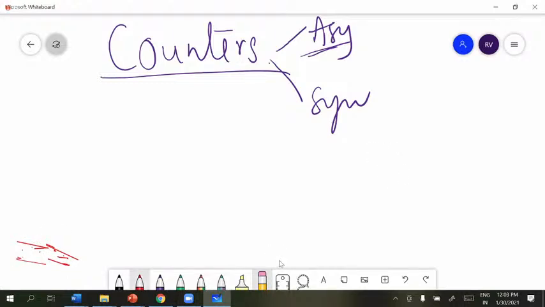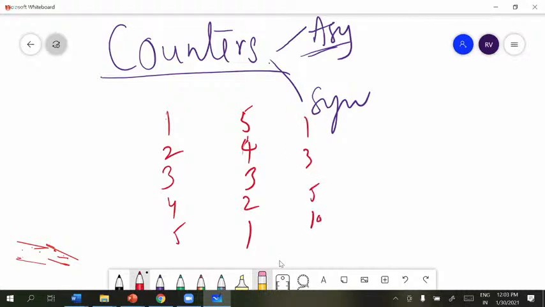Can you count a random sequence using counters? Suppose I want to count, this is an up count, right? And if you take this as 5, 4, 3, 2, 1, this is a down count. Or else 1, 3, 5, 10, 2, this is a random sequence.